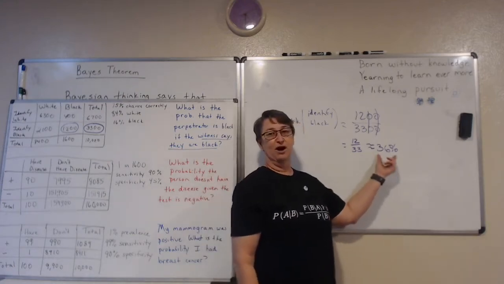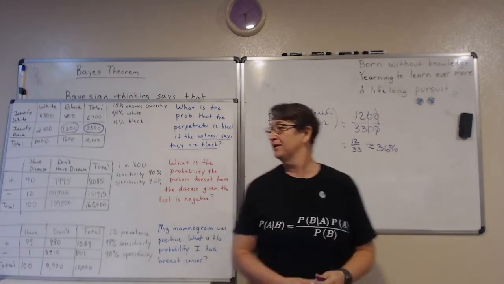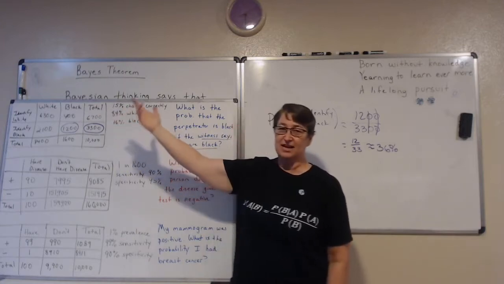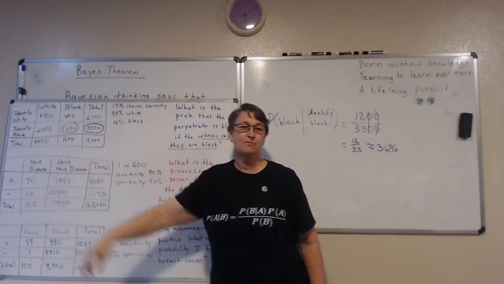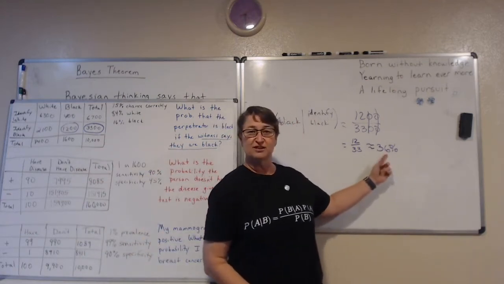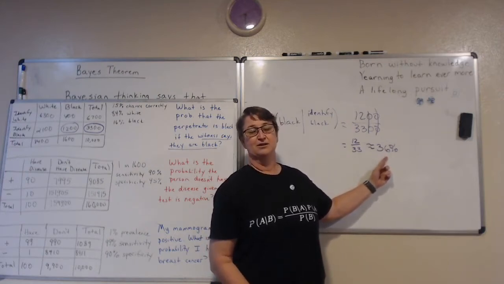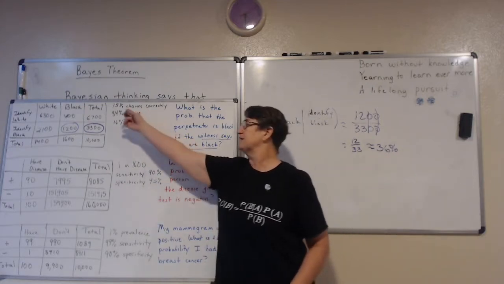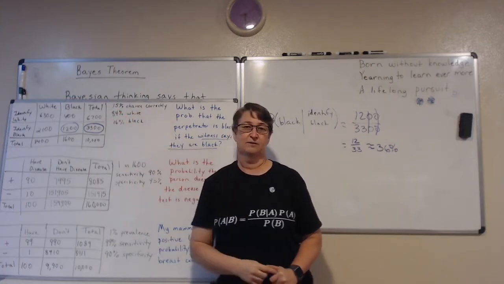Man, that's pretty awful, isn't it? So based upon these numbers, based upon these percentages, that it's a 75% chance that they correctly identify it, and that the population looks like that, when they say the person is black, it's only 36% of the time that they actually are black. Man, you would think that the probability would be higher, because it was a 75% chance that it was correct.